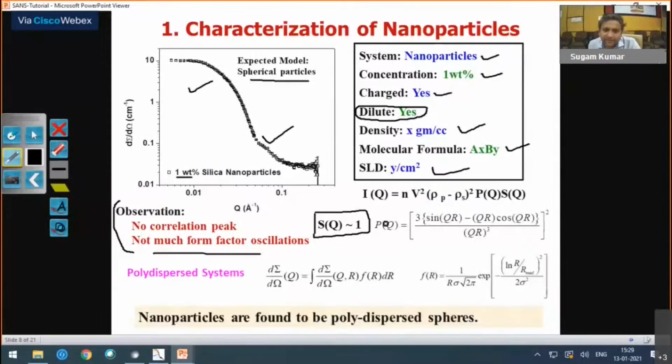Now, how to do it? We have decided that these are spherical particles, so we have chosen P(Q) for a sphere. S(Q) is 1. We have already calculated the scattering length density or contrast factor. N and V square will be accommodated in P(Q). And since this is a polydispersed system, we will put both of these two terms here, the scattering length density as previously calculated, and this I(Q) will then be convoluted with this size distribution function.